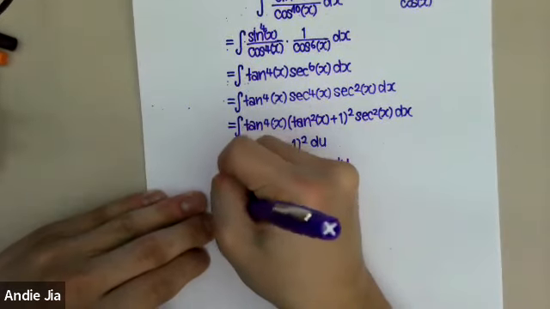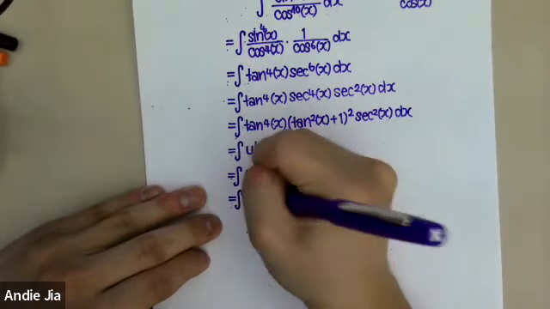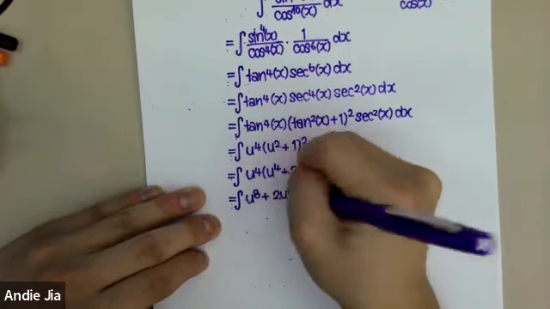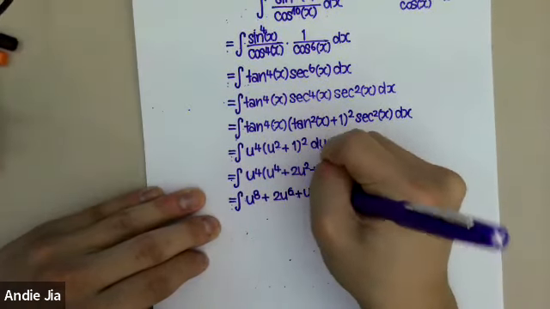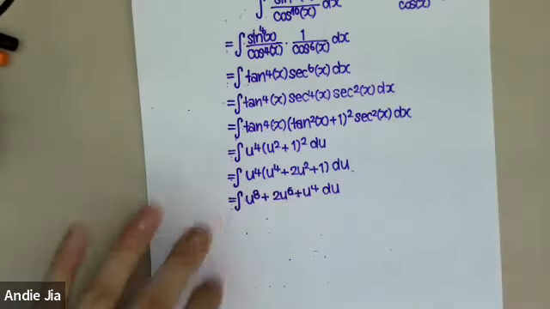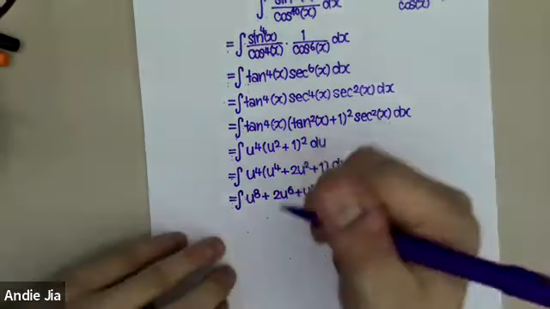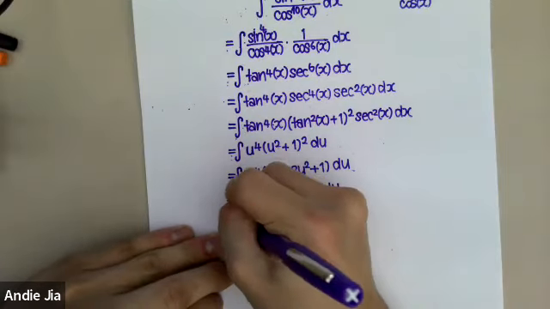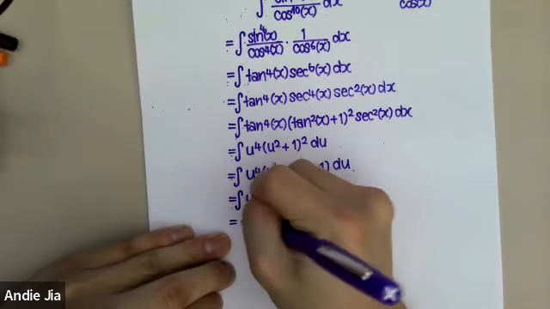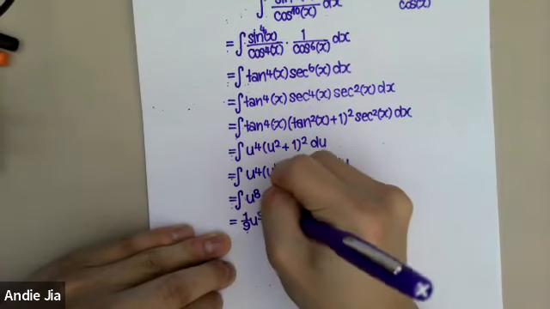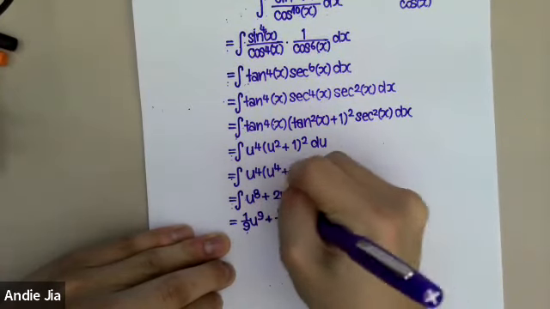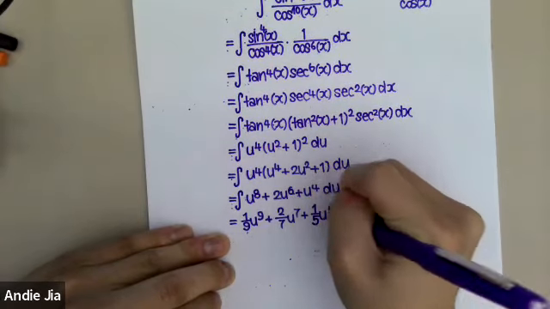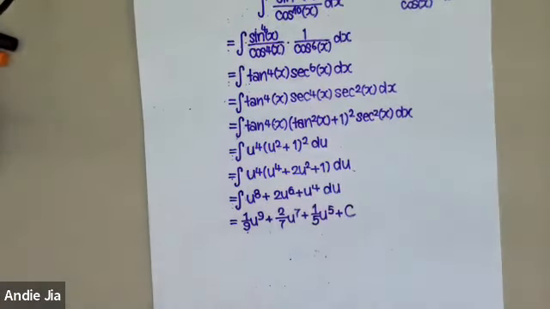So you will get the integral of u to the 8 plus 2u to the 6 plus u to the 4 du, then do the antiderivative. And what you get is 1 over 9 u to the 9 plus 2 over 7 u to the 7 plus 1 over 5 u to the 5 plus constant of integration.